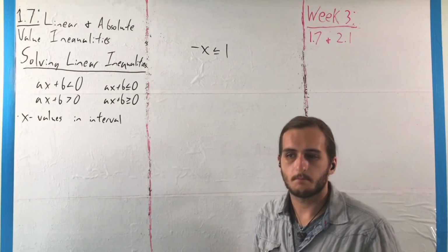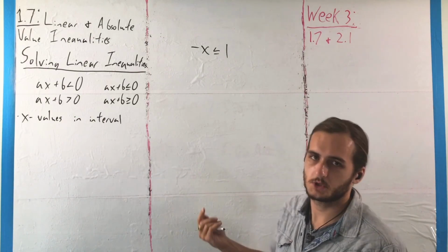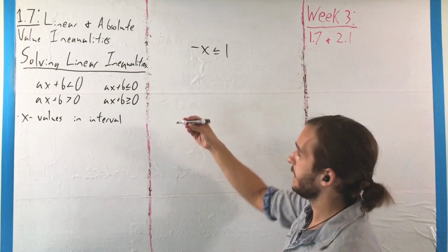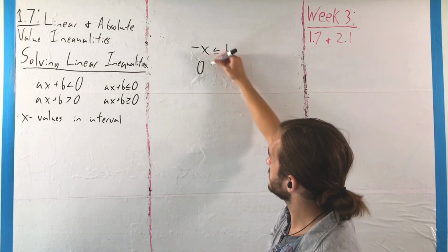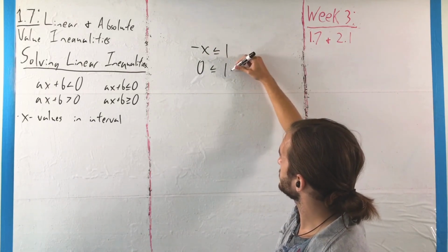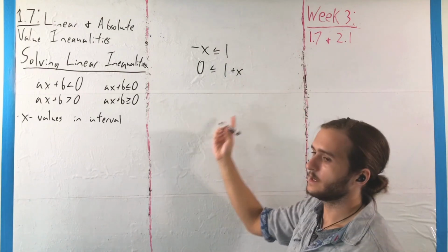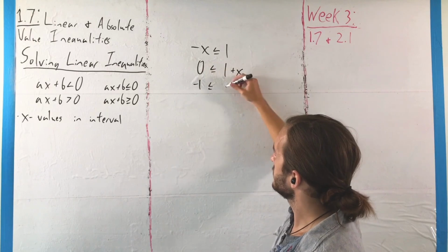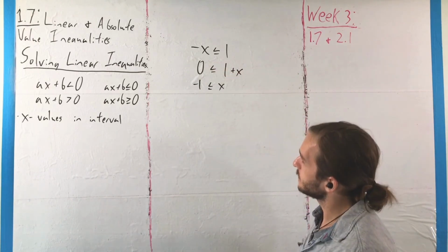We like to get x's by themselves without any coefficients, so here I'm going to add the x over, and then what I'd be left with is 0 is less than or equal to 1 plus x, and then I'm going to isolate that -1, and we will have -1 is less than or equal to x.